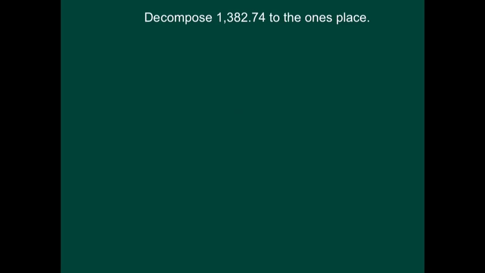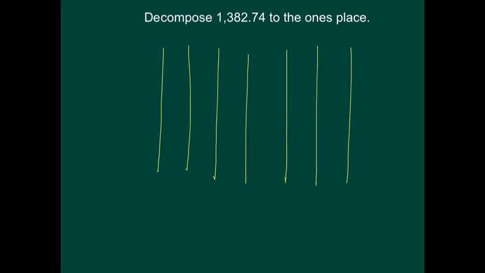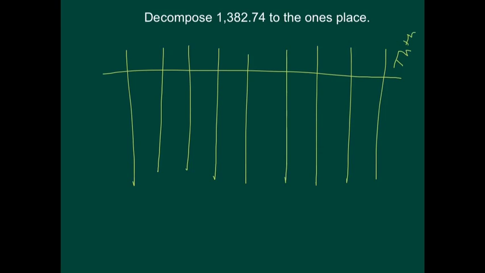Now, to decompose this number, we're going to set up a place value chart. We have our thousands place, our hundreds place, our tenths place, put our decimal, our ones, tens, hundreds, thousands, 10,000s, 100,000s, and our millions.